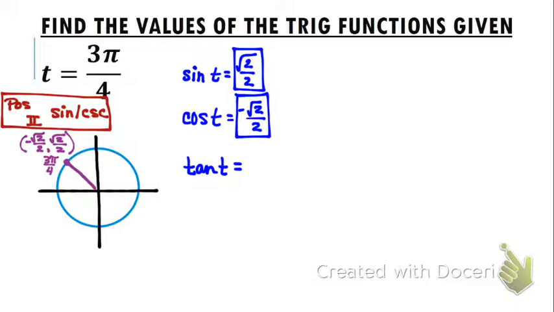Tangent is what over what? Sine over cosine, or y over x. Yeah, close. Square root of 2 over 2 over negative square root of 2 over 2. Negative 1, yep.